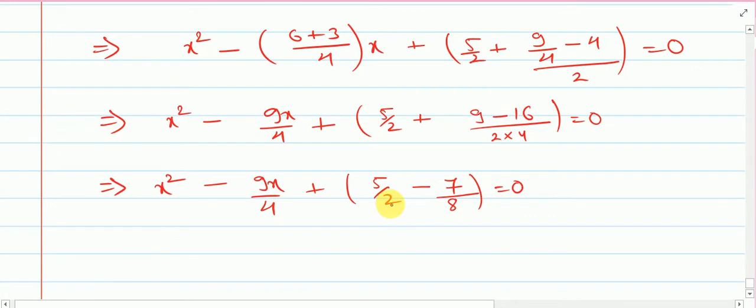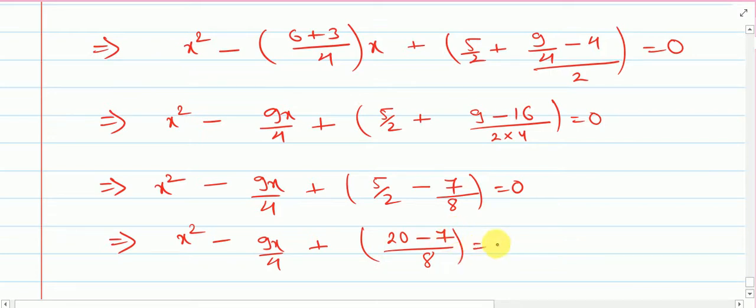LCM of 2 and 8 is 8, so you will get x square minus 9x by 4. So here 2 4s are 8, so 5 4s are 20 minus 7 upon 8 is equal to 0.